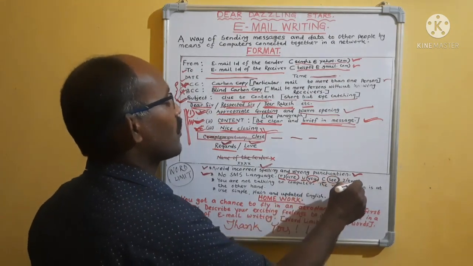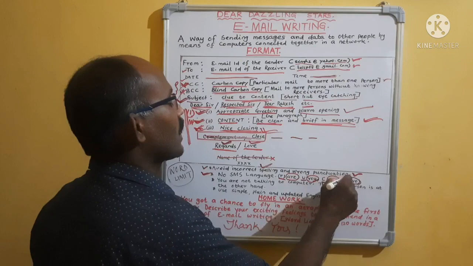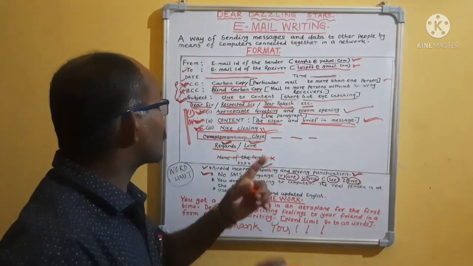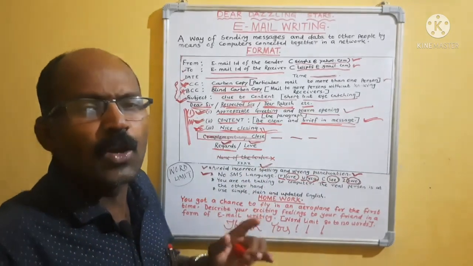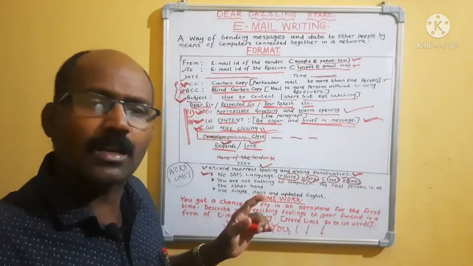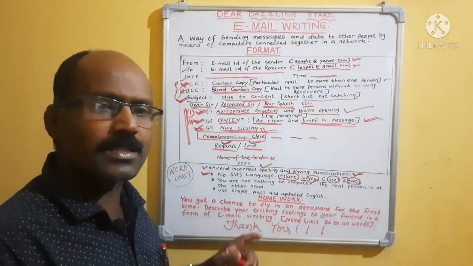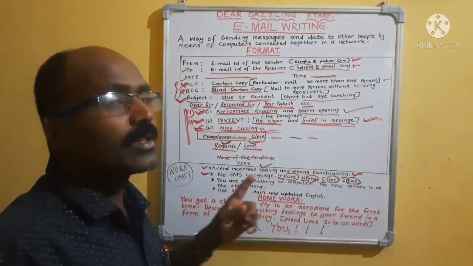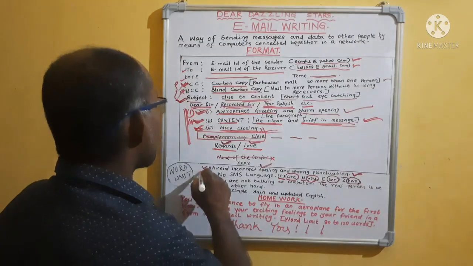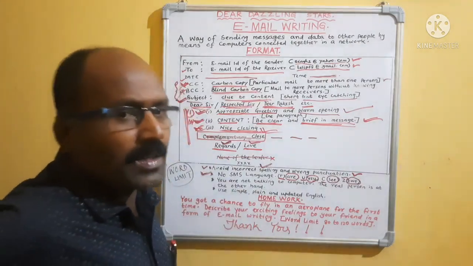You have to write "to" or "too", but you are writing a numeral. These should be avoided. No SMS language. Clear? While you are writing the examination paper, or practically if you are writing, you should avoid these.